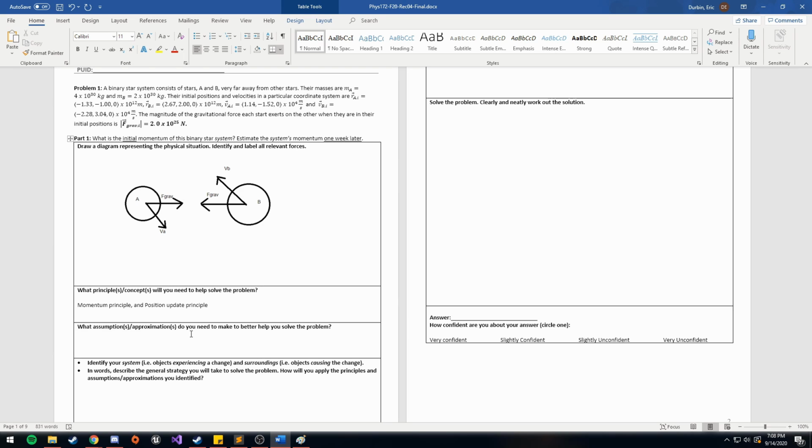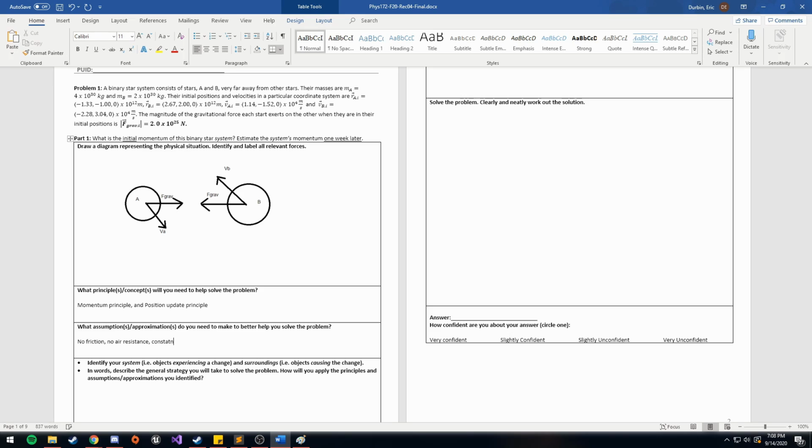Assumptions. No air resistance or friction. No friction's a good one. No air resistance. We're in space, so there wouldn't be any. We'll still put it down. I'll just put no resistance. That counts for everything. And constant velocities.